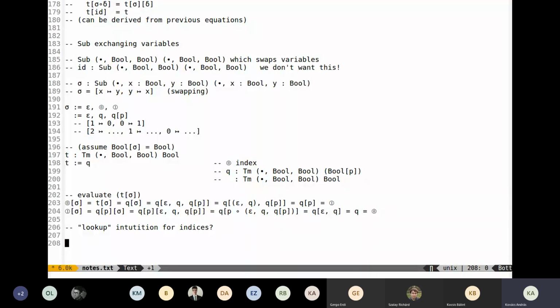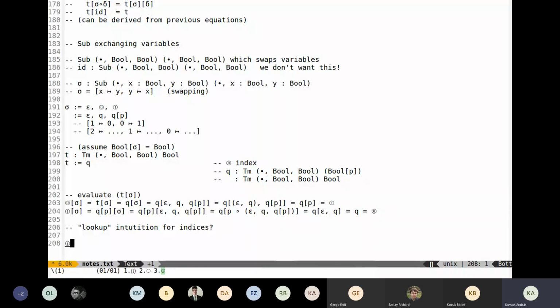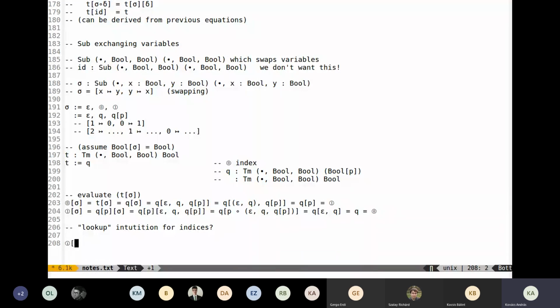The lookup intuition is that if I have an i and I use some substitution sigma on this i, then this computes to, so basically this is just looking up the ith element of sigma, counting from the right. Okay, so that's what is happening here.